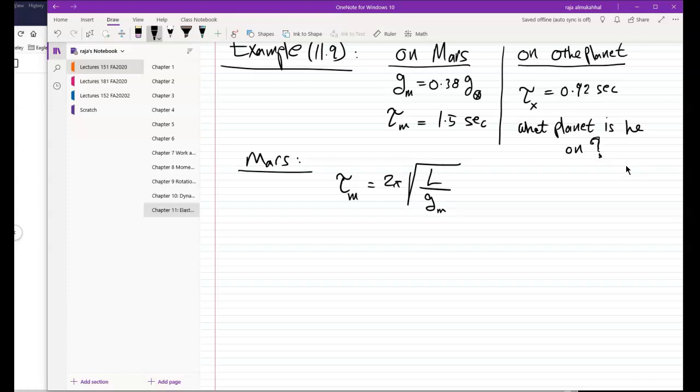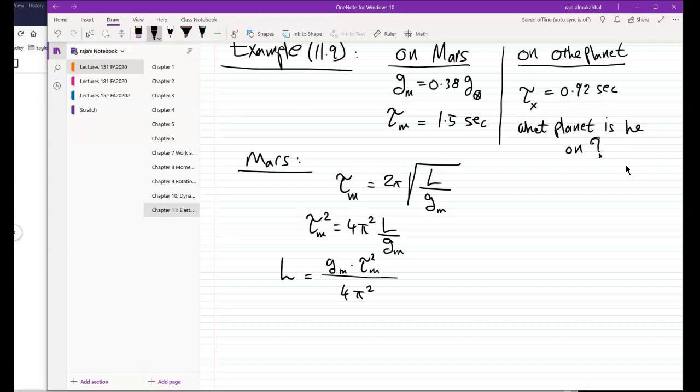So let me do the algebra and solve for L. So L in this case, if I square both sides and then solve for L, will be equal to G on Mars times tau squared on Mars divided by 4 pi squared, right?